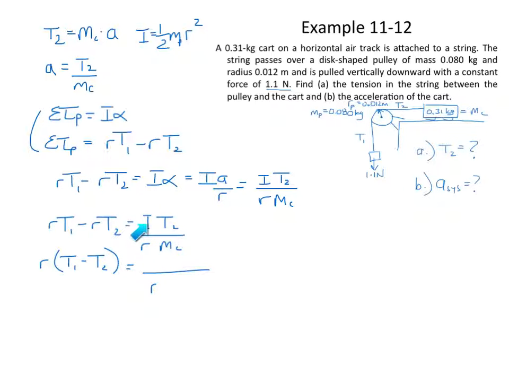So there's going to be a 2 that goes in the denominator. So if we substitute in for this I right here, this 2 goes in the denominator. I'm going to put the 2 out front of that R. And then mr squared goes in the numerator. Okay, so that took care of the I. The T2 we still care about. And then in the denominator, that R right there, but then we have our mass of the cart, right?